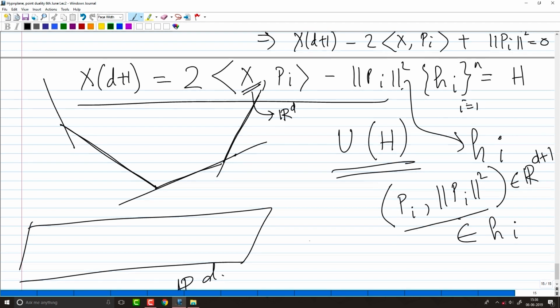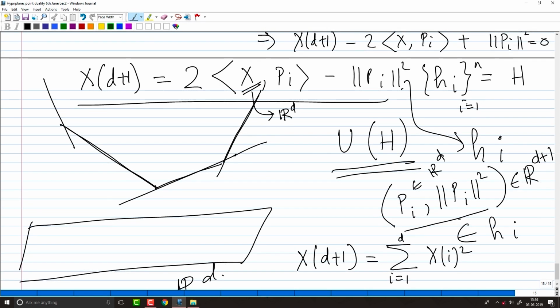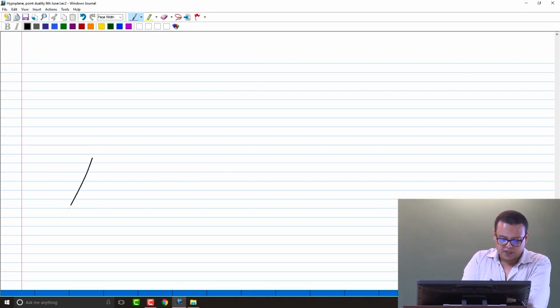Remember that paraboloid we were looking at? Let me write the equation of the paraboloid in dimension d plus 1: x_(d+1) equals the summation i equal to 1 to d of x_i squared. This point lies here, right? pi belongs to R^d. So what are we doing here?